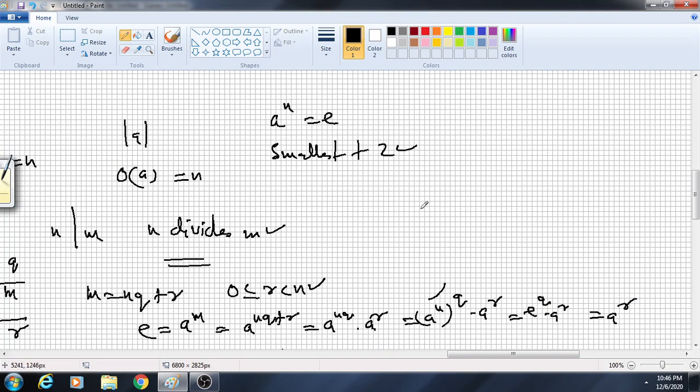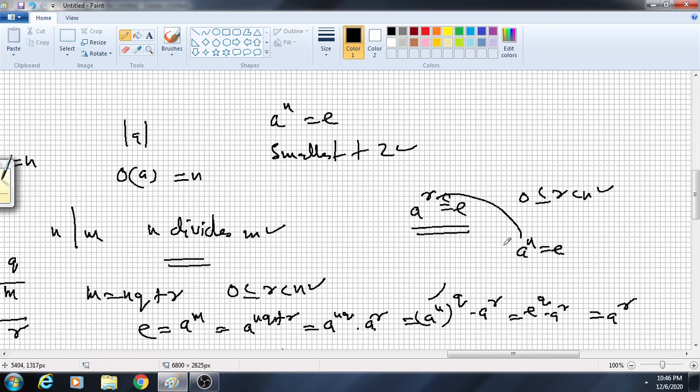So now we have obtained that a raised to r is equal to e, but with r strictly less than n. But is that possible? It is not possible, because n is the order of a and n is the smallest such integer with the property that a raised to n is equal to e. Now we have gotten a smaller integer than n with the property that a raised to r is equal to e.